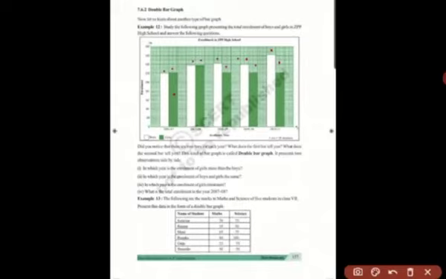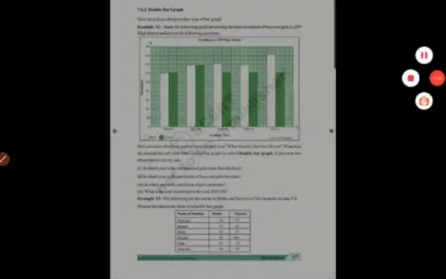So it becomes easy for us to study and compare the differences in data for boys and girls, and across different years. All right, so this was one example of your double bar charts. Let's do one more example of bar graphs today, and stop for today.